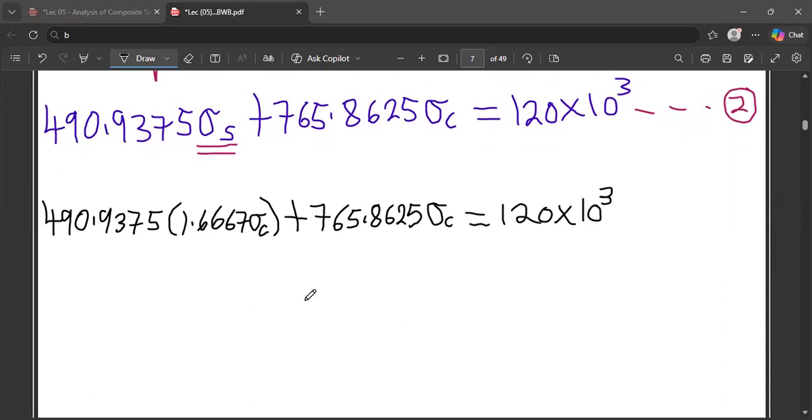You see what we're having over here? At the end of the day, we just have to simplify. Let's quickly multiply this together and see what we're going to get. If you multiply 490.9375 times 1.6667, you're actually going to get 818.2455.